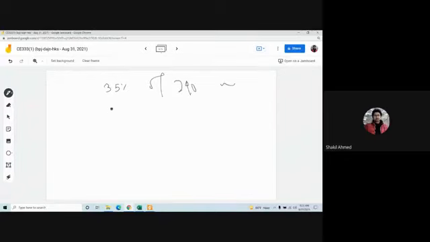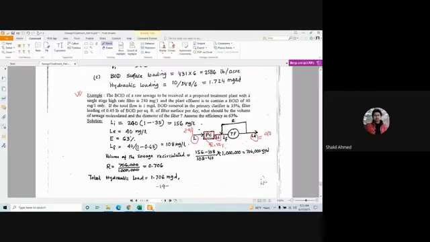Then how much will be remaining? 1 minus 0.35 of 240 will be remaining, right? So remaining will be what emerged from the primary clarifier. Did I make it clear?